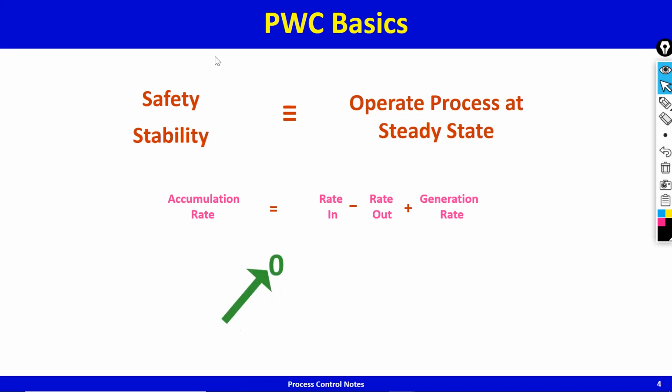And if you want steady state, this accumulation rate term must be driven to zero, and that's exactly what a control system does. It drives the accumulation rate term to zero by manipulating one or more of the right hand side terms, either the rate in or the rate out or the generation rate or a combination of the three. Usually you just manipulate one of the three.